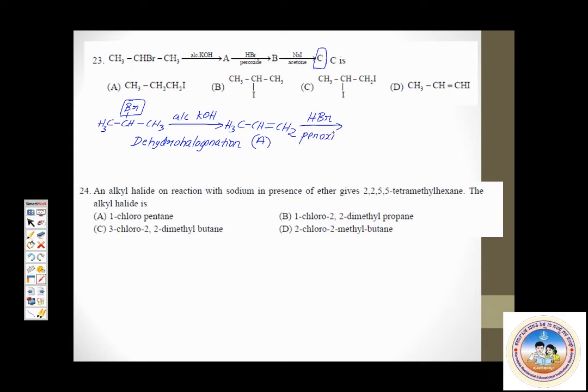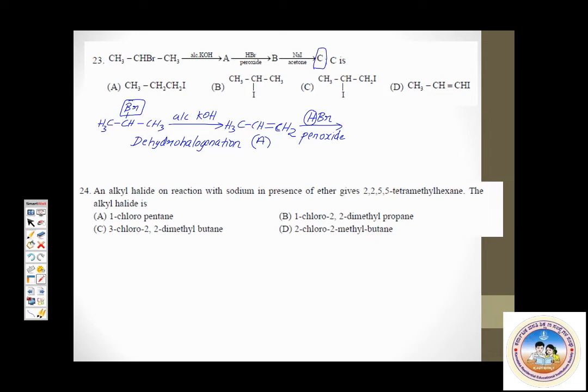That is, it should go to this carbon if it were to be Markovnikov addition. But now you are carrying out the reaction in presence of peroxide, therefore it is anti-Markovnikov addition. Hence H is taken up by carbon with less number of hydrogens, and Br will go to carbon with more number of hydrogens. So the product you get is CH3CH2CH2Br. You get 1-bromopropane.